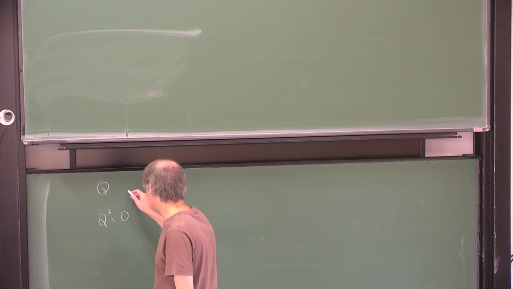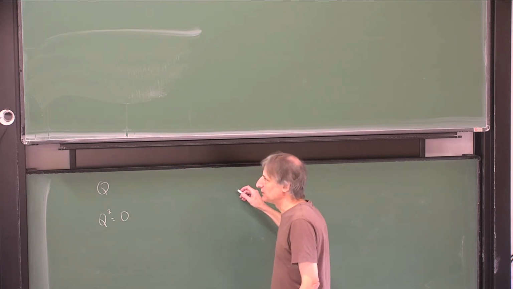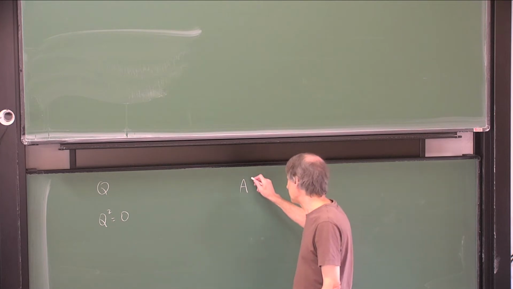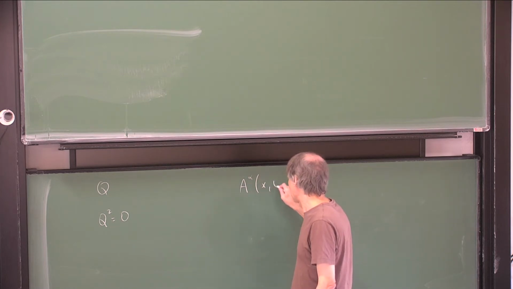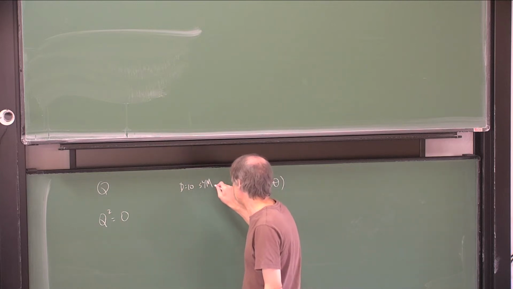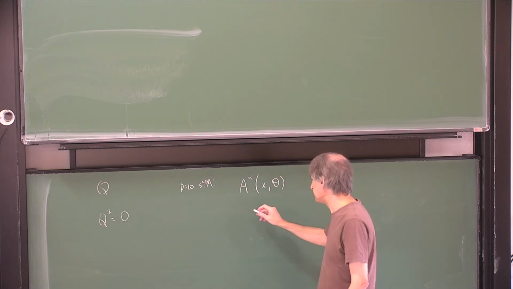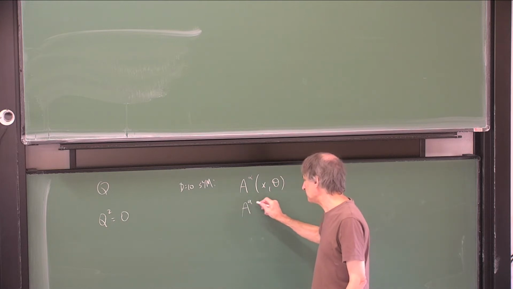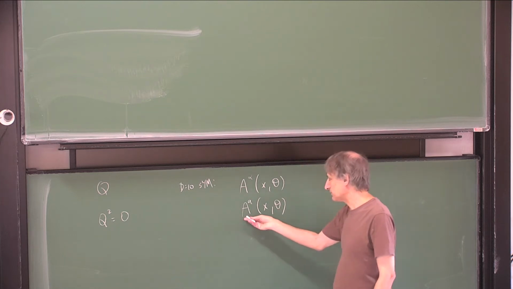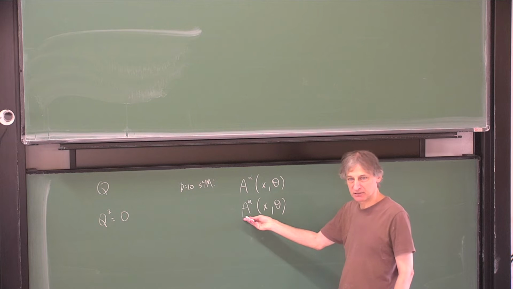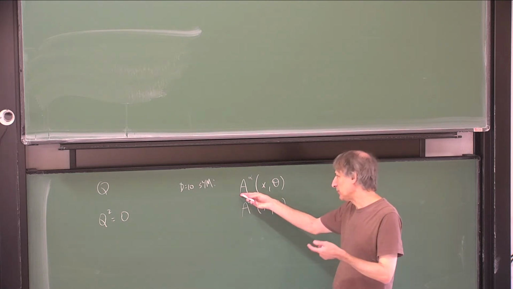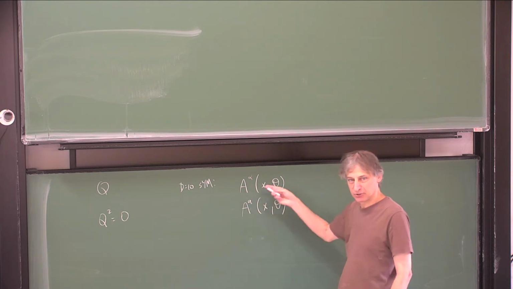So if you try to describe super-Yang-Mills in 10-dimensional superspace, so this is D equals 10, no string theory yet, just D equals 10 super-Yang-Mills, then it's natural to introduce a pair of superfields. This superfield is the superfield whose lowest component is the usual vector. And this superfield is a superfield whose lowest component is not the gluino, but it's actually a gauge field, and the gluino sits at higher order.